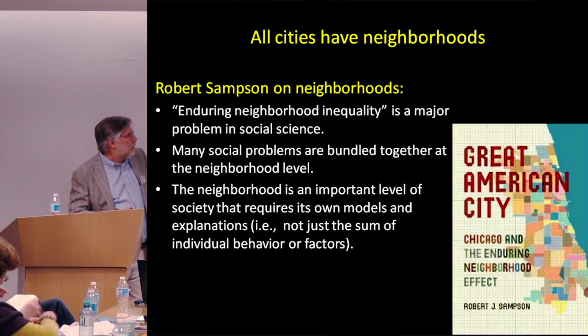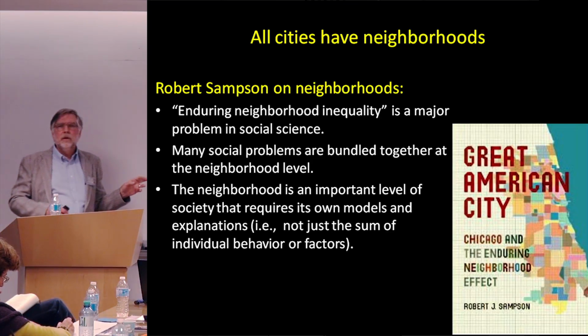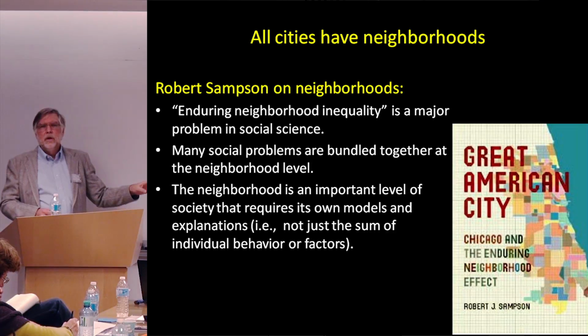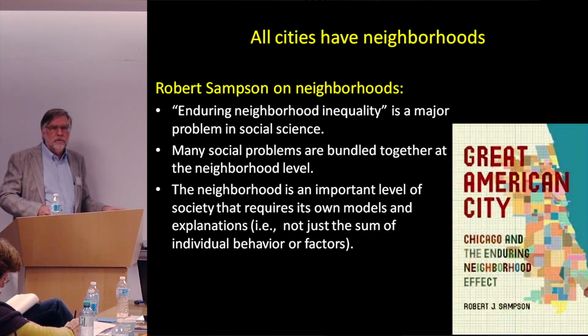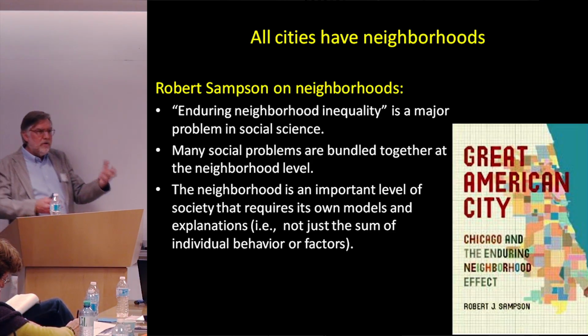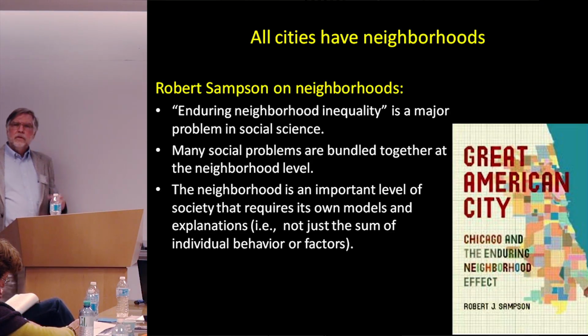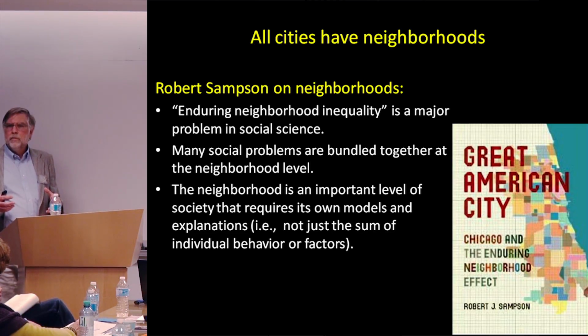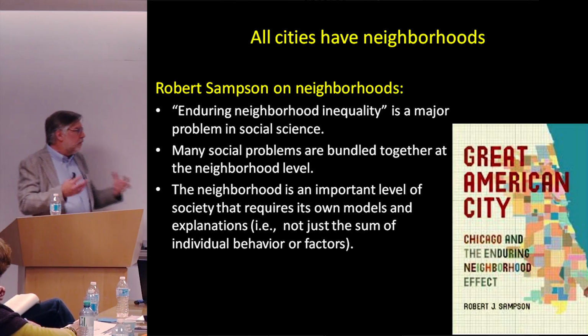And Sampson talks about enduring neighborhood inequality. He studied Chicago neighborhoods over the years, and the same neighborhoods, they have the rich neighborhoods and the poor neighborhoods. Even though there's change, there's gentrification, there's people moving around, the characteristics of the neighborhoods stay stable over long periods of time, regardless of urban policies, regardless of demographic movements. And why is this?